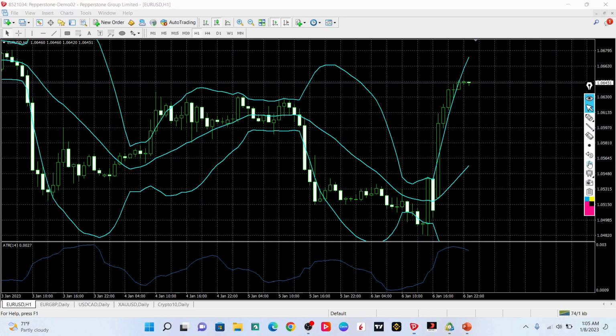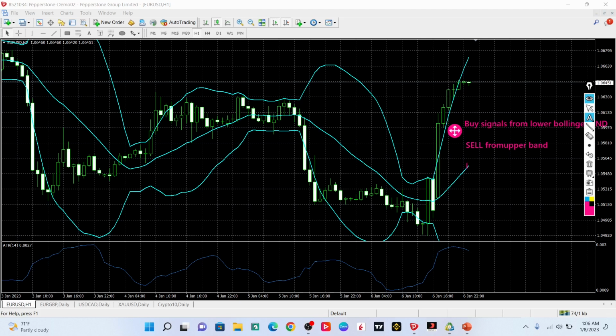So, in recap, in conclusion, we use the Bollinger Band to get buy signals from the lower Bollinger Band. And then we get sell signals; we sell from the upper band.